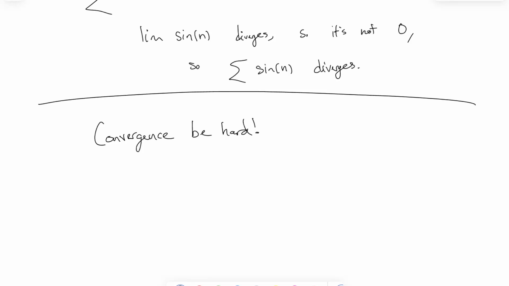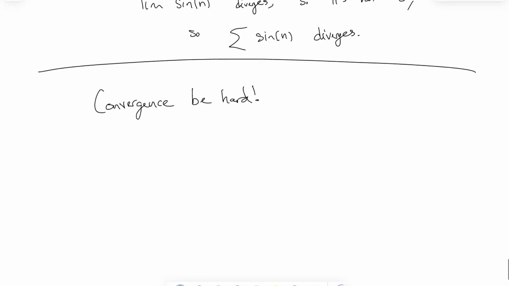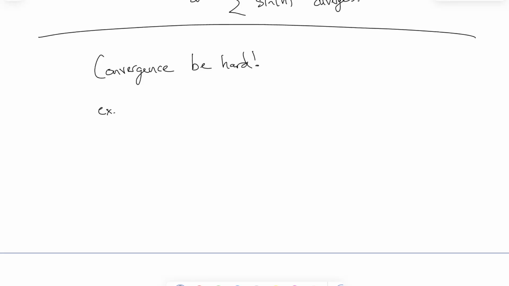For a geometric series, it's easy. We already know the formula. If the absolute value of r is less than 1, it adds up to a over 1 minus r. But even in slightly different examples, this can be very hard. Like, for example, we have just been talking about the sum of 1 over n. This diverges. What about the sum of 1 over n squared?